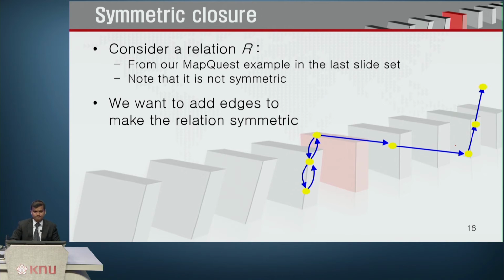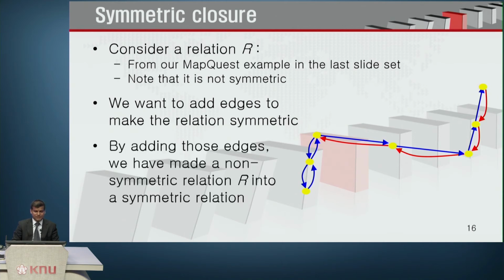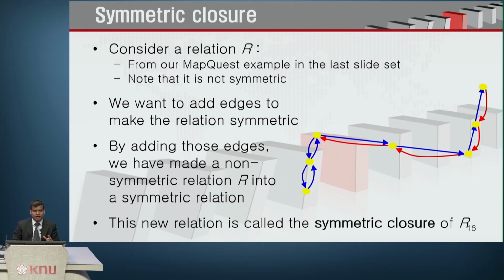So let's add the edges so that each and every node has something coming back, in both directions. By adding those edges, we have made this non-symmetric relation R into a symmetric relation, or in other words, we come up with the symmetric closure.